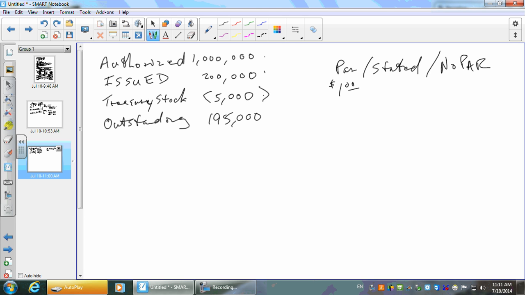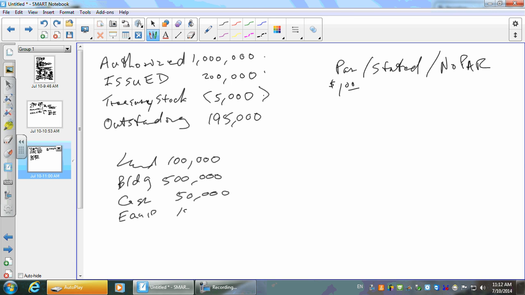So let's say that you're starting a business and you contribute land of $100,000, and you contribute a building of $500,000. We're starting this company with 1 million shares, $1 par. And you contribute cash of $50,000, and you contribute equipment of $150,000.